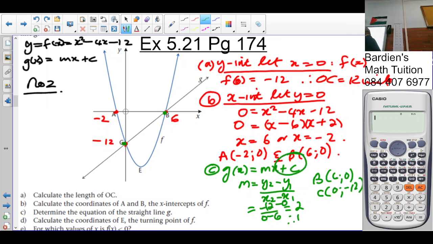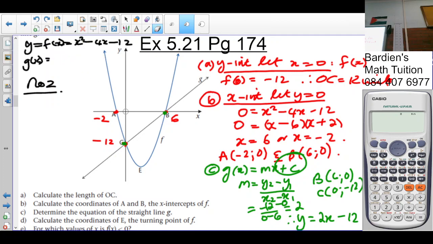So therefore, y is equal to 2x minus 12. That's the equation of g of x. Alright, you guys got it?